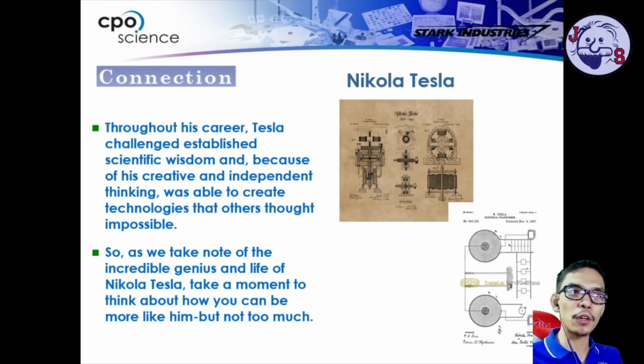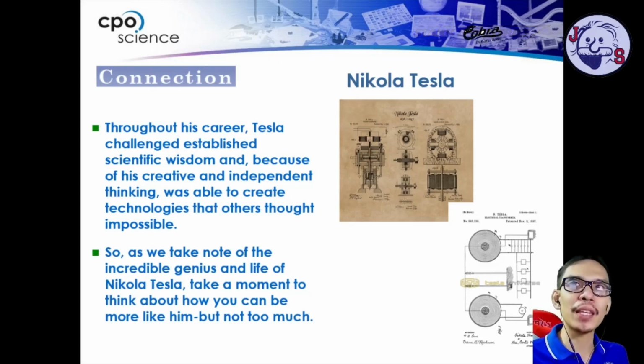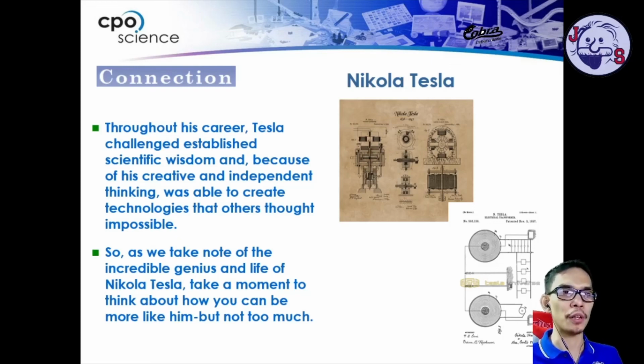The remote control drone was conceived by this person during his time, Nikola Tesla. Throughout his career, because of his scientific wisdom and creativity, the others thought the technology was impossible. He made it possible.